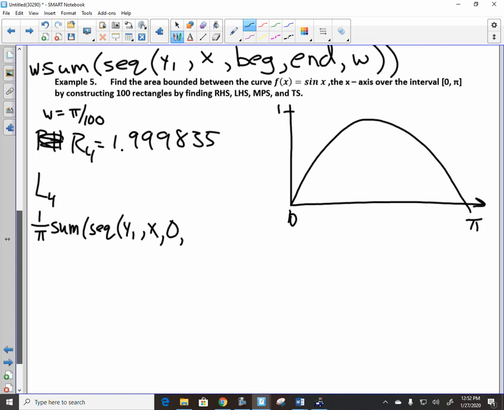Pi minus pi over 100, right? You're going to back off pi over 100. So to pi minus pi over 100. And then what's our width? Pi over 100. That's going to be your left hand. Question. I'm sorry. Pi over 100.